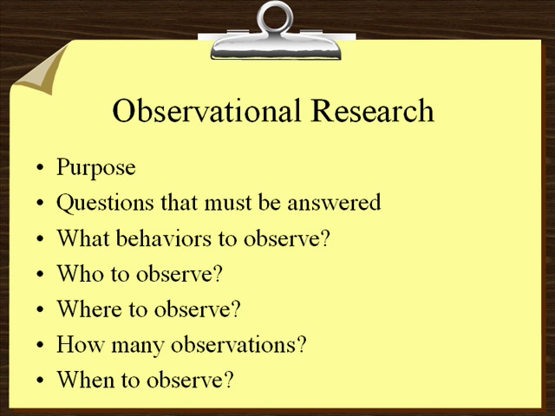Our next type of research method that we're going to talk about is called observational research. This is also known as systematic observation. I had the fine pleasure of spending a whole 10-week summer class where we spent the majority of the time talking about systematic observation.